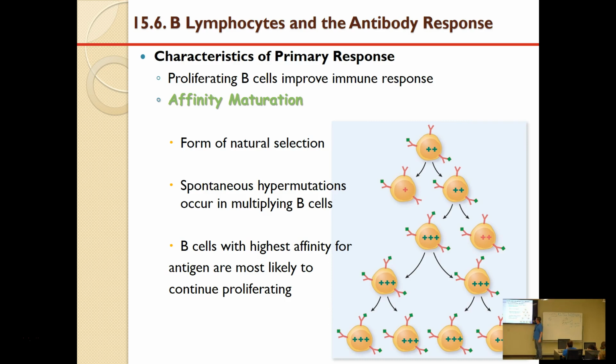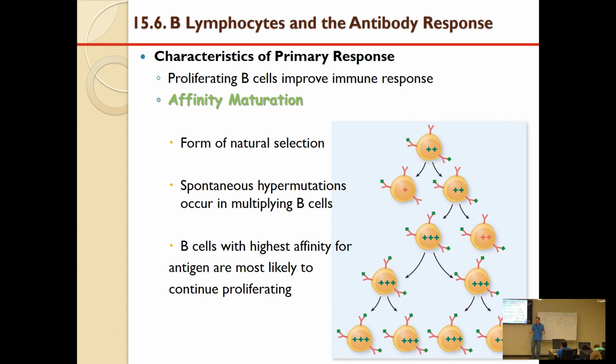This one here is a better match. It goes through a second round of proliferation, and now it's made an even stronger affinity to that antigen. It's still the same main B cell, still recognizing the same antigen, but now it's even more affectionate to it. It's able to grab it even stronger. It's a better response. And so the one that originally was good is not as good anymore. Now this one gets the signal to keep proliferating.